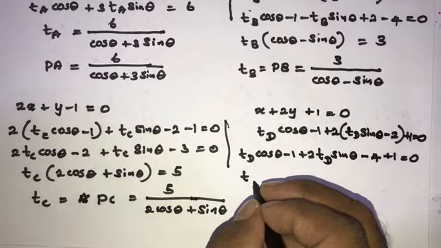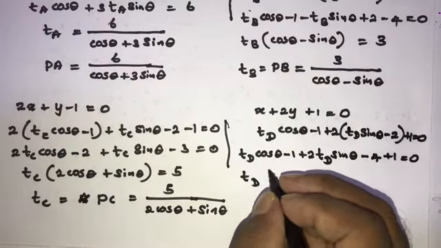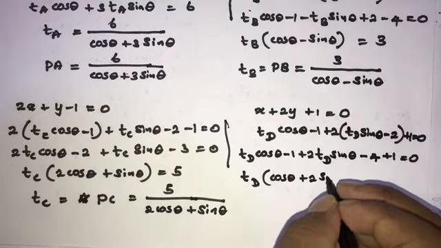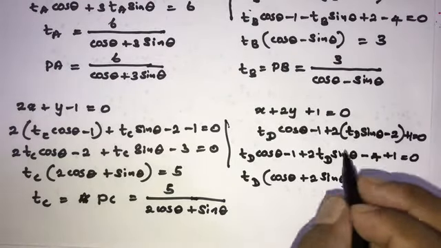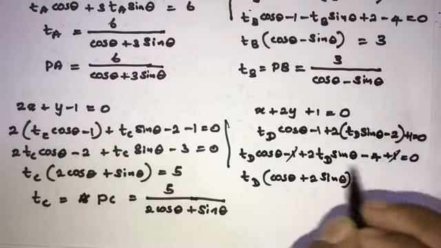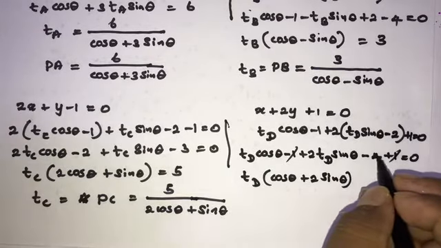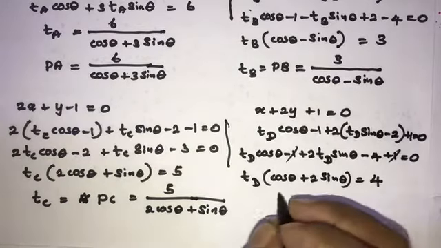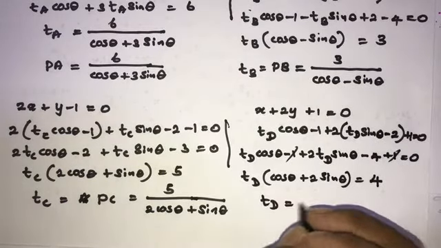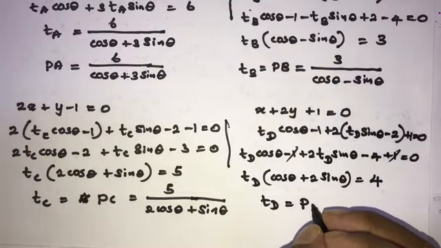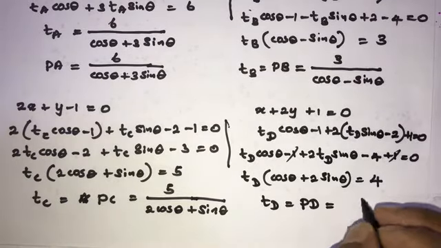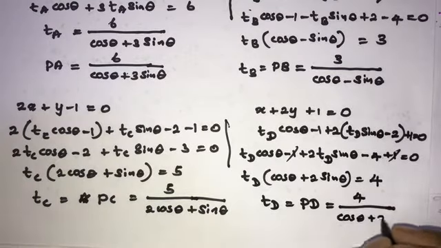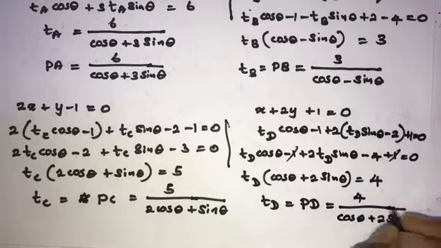If we take TD as a factor, so cosine of theta plus 2 times sine of theta, and minus 1 plus 1 get cancelled, so minus 4, we can write here plus 4. So now we know TD, which is PD, is equal to 4 over cosine of theta plus 2 times sine of theta.